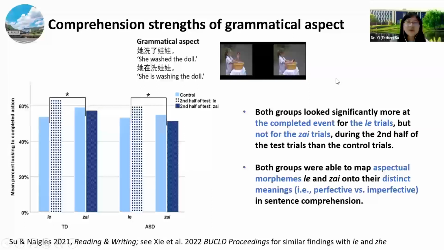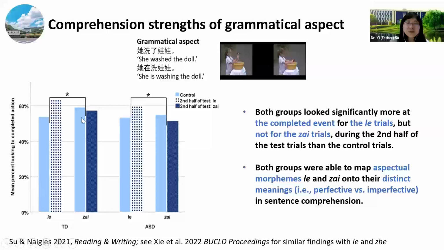And we found both groups look significantly more at the completed events. So you can see that for the Le test trials, both groups look more at the completed event, but not for Zai trials.